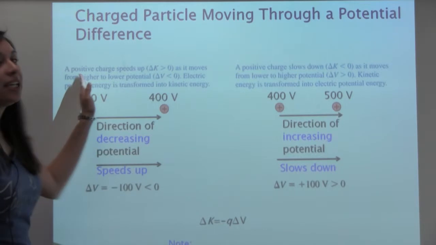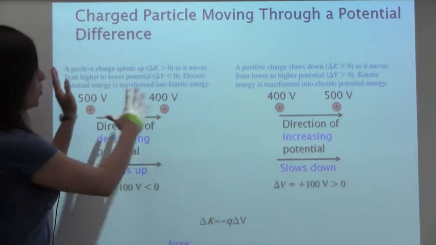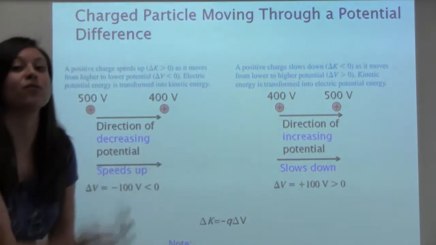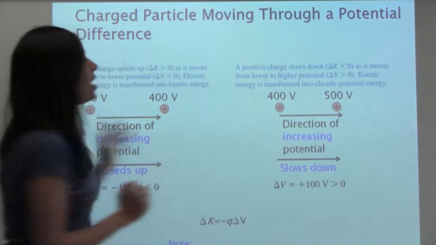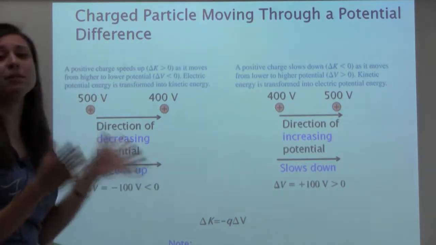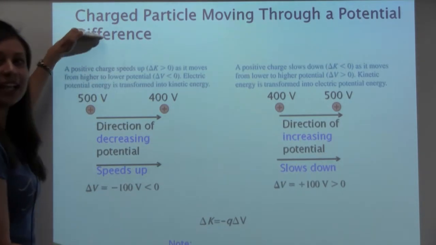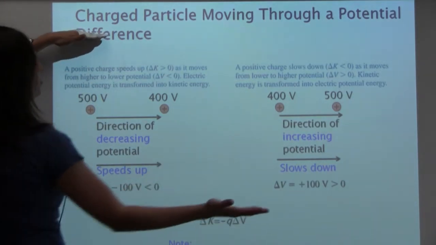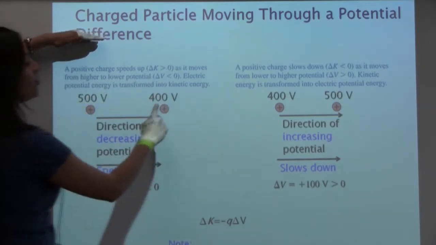If we were looking at an electron, we would have to reverse this, so everything here would be reversed for an electron. If it's a proton, we follow this format up here on the top. So we have a positive charge, and we're going from a high electric potential energy to a kinetic energy, because we have 500 volts to 400.